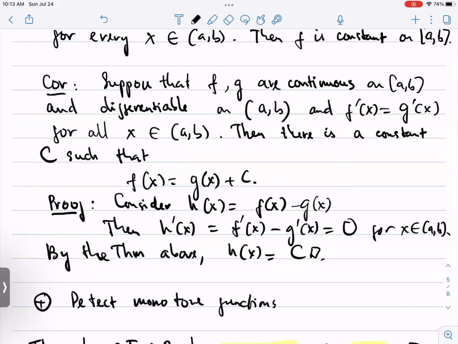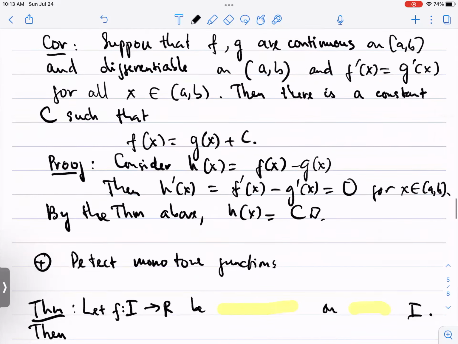Because of the assumption in this statement, the difference in derivative of these two functions is always equal to 0. So, using the theorem above, we conclude that h of x must be a constant, and that is the end of the proof.